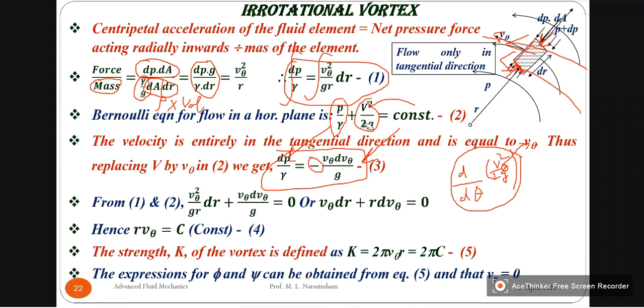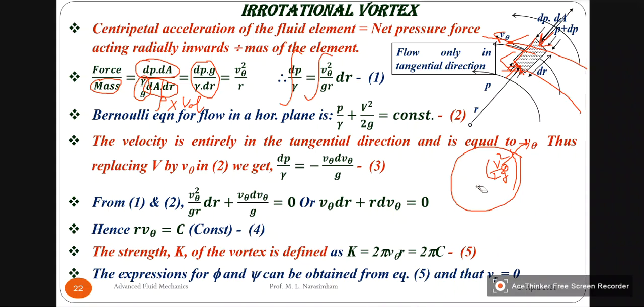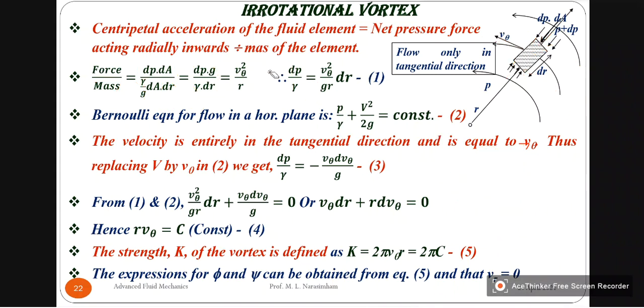I am erasing all these things, and once again we'll explain. So, I'm once again summing up. We have written force by mass and equated it to the acceleration, which is v theta square by r, because the only velocity will be in the tangential direction, v theta.